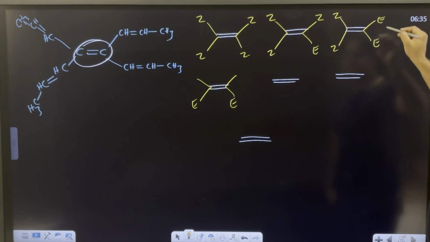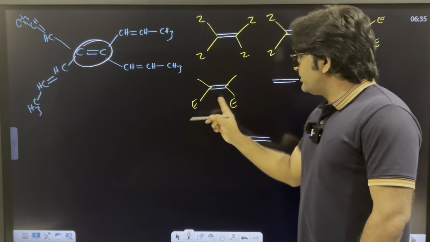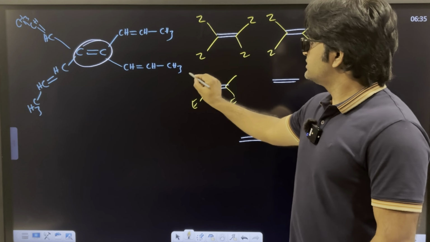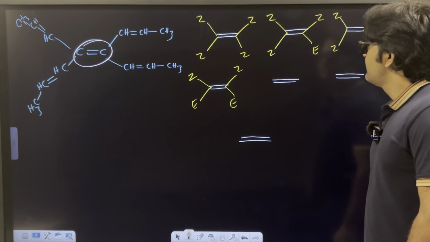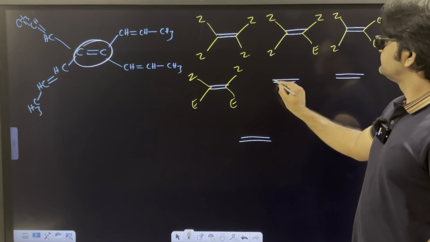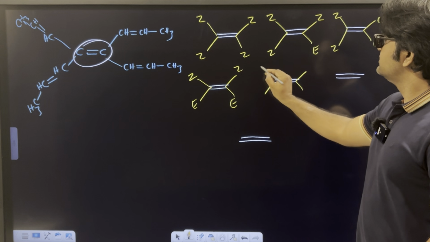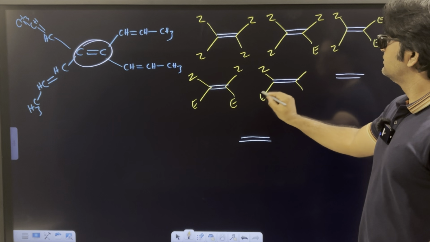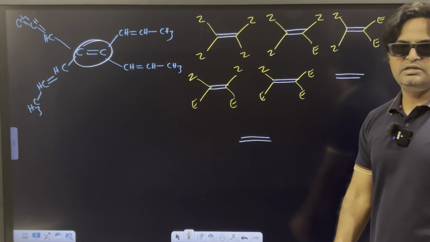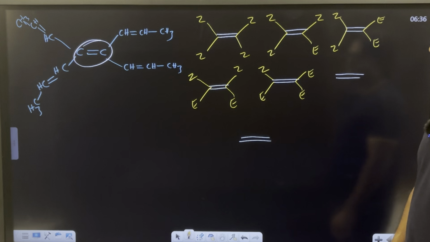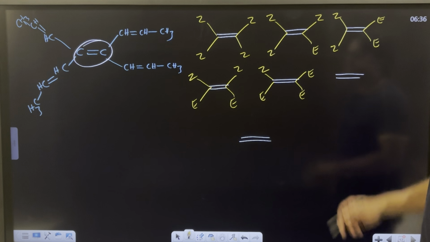Here E and E are present on the same carbon atom, but here we are taking them on different carbon atoms with the remaining Z and Z. Okay, right. What is another possibility? Next one, Z, E, E and E.